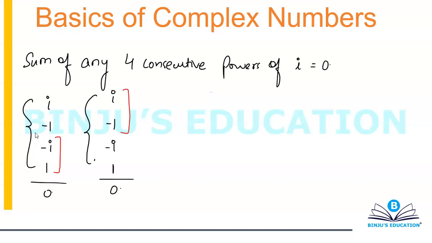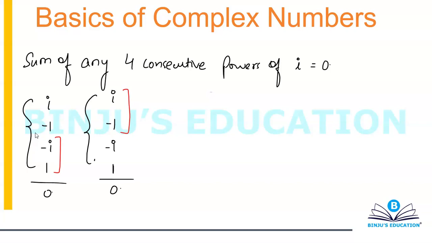Because of cyclicity, the values are going to repeat themselves after every fourth power. Iota is equal to iota to the power 5, which is equal to the power 9, the power 13, the power 17. Similarly, iota square is equal to iota to the power 6, 10, 14, 18, and so on.